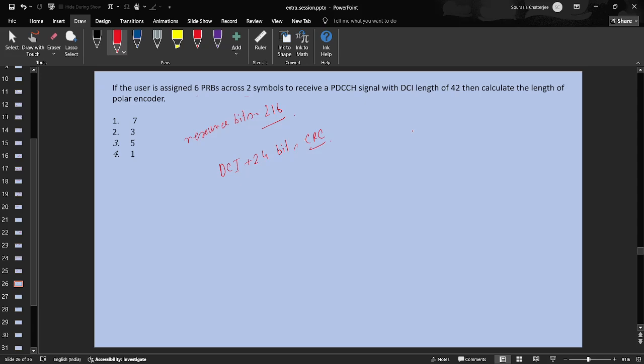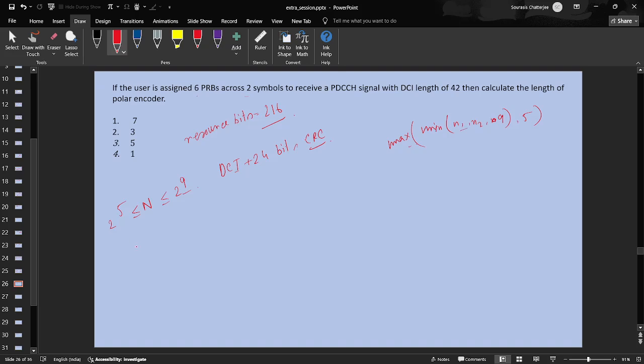We know that the minimum polar encoder output is 2 to the power 5, and the maximum is 2 to the power 9. So the formula is something of this sort: min of n1, n2, 9, and it should be max with 5.